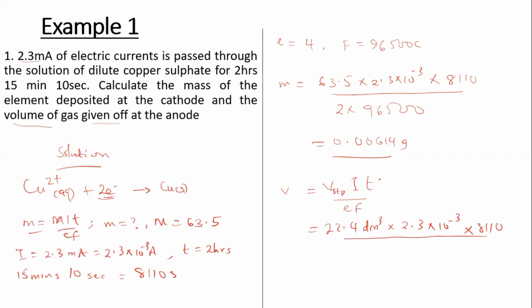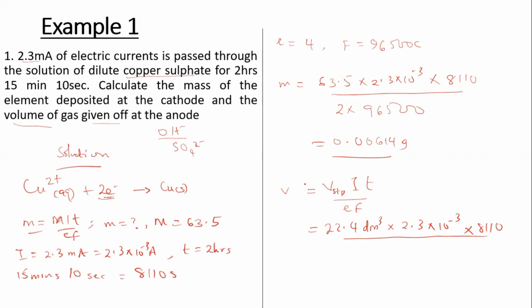Then the E. All right, sorry for not writing the electrolytic reaction. That's the first thing you should always do. And of course, the gas that will be given off in copper sulphate is going to be oxygen, because at the anode we will have OH minus, just as I explained earlier, and the SO4 2 minus.